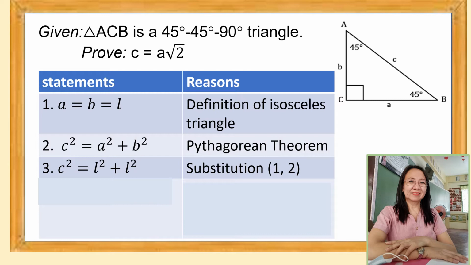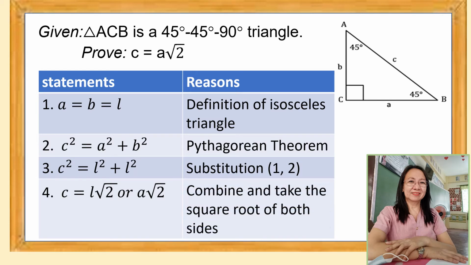Then combining L squared plus L squared, we will arrive at 2L squared. After combining and getting the square root of both sides, we will arrive at c is equal to L times the square root of 2. Since L is equal to a, we can write a times the square root of 2.